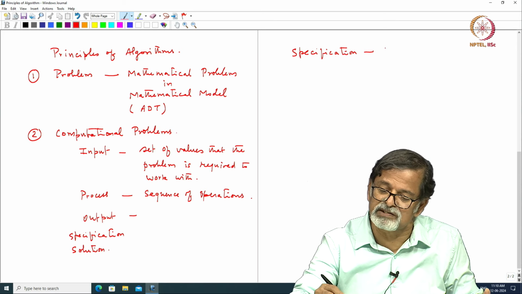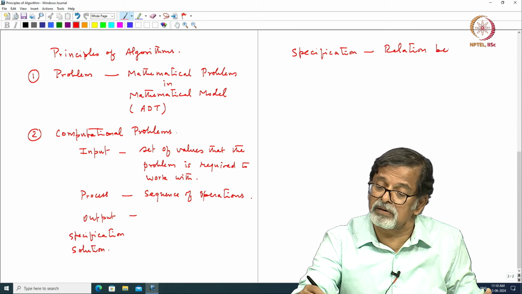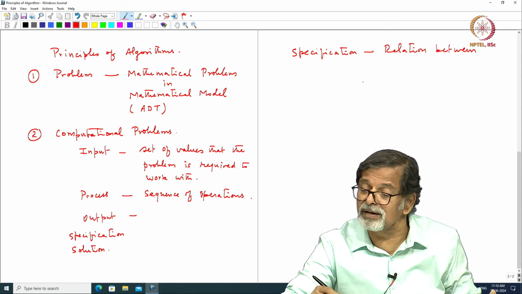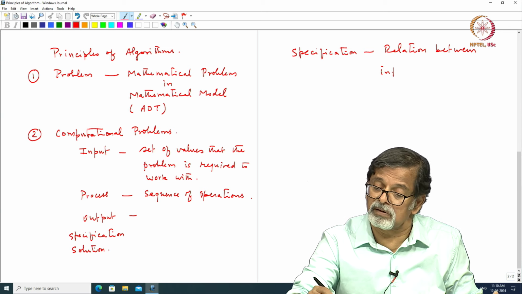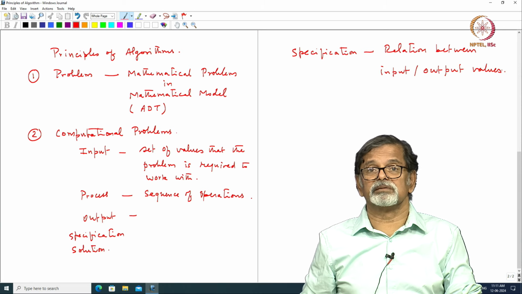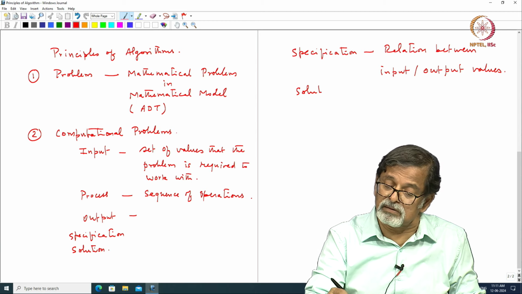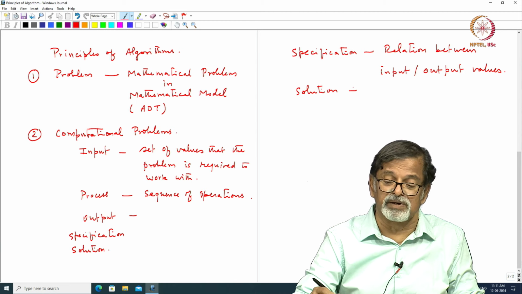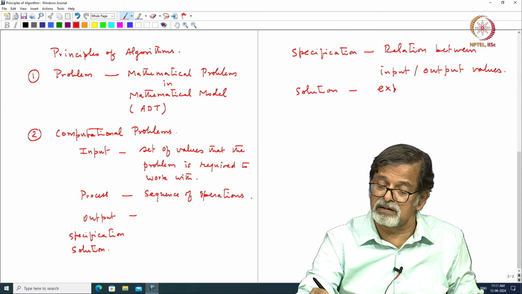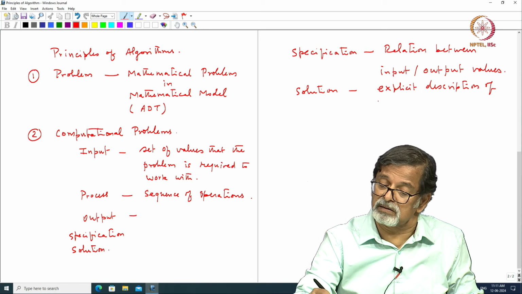Therefore, specification is nothing but a relation between input and output values. The solution is nothing but an explicit description of the process.